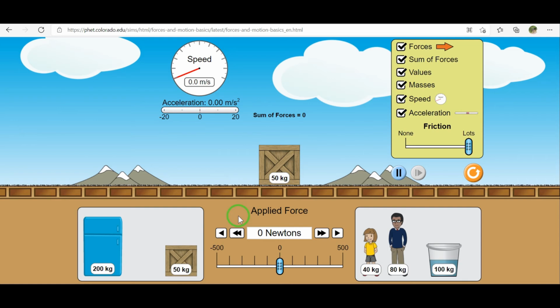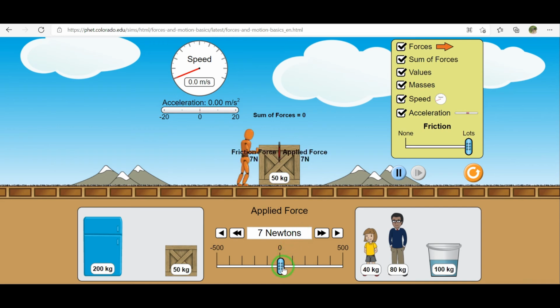If the body is at rest, like this 50 kg body is at rest, rest means it is not moving. If so, then it is its property to be at rest, right? Unless an external force, see there is no force here, look at this, 0 newtons. Newton is the standard unit of force and there is no force on this.